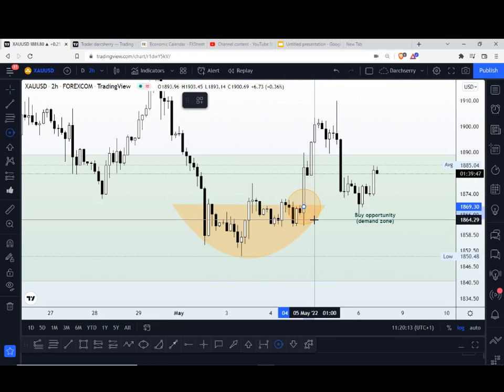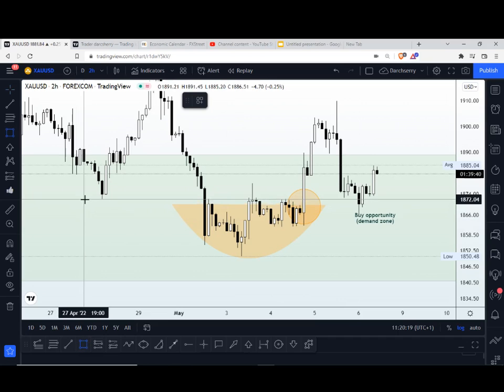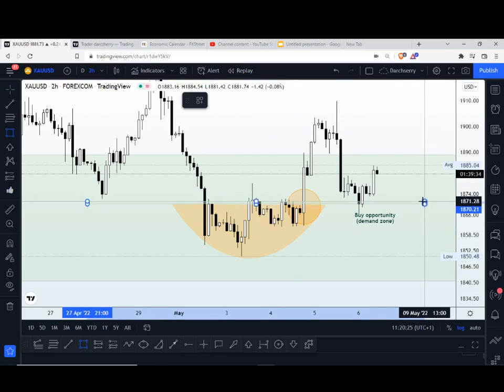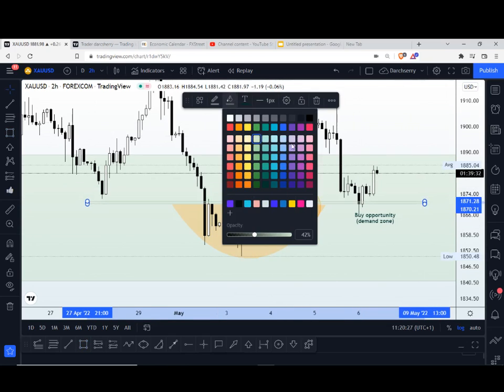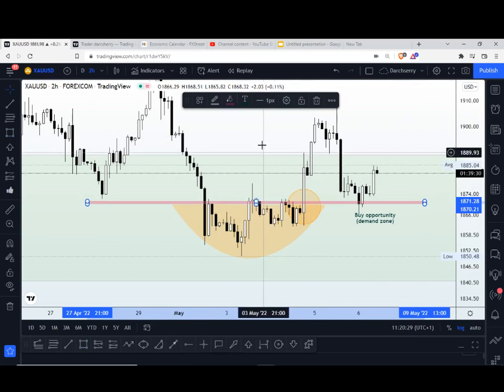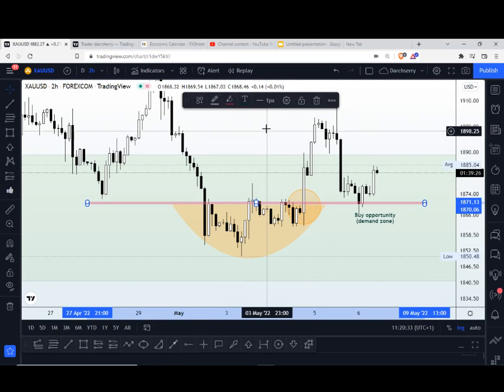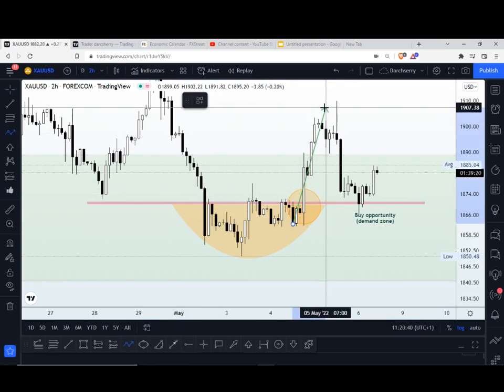We saw the breakout of structure at this point, so we'll be having our neckline of the reversal structure right at this area. So this is the neckline of the reversal structure we identified. At $1,870 we have a neckline structure.